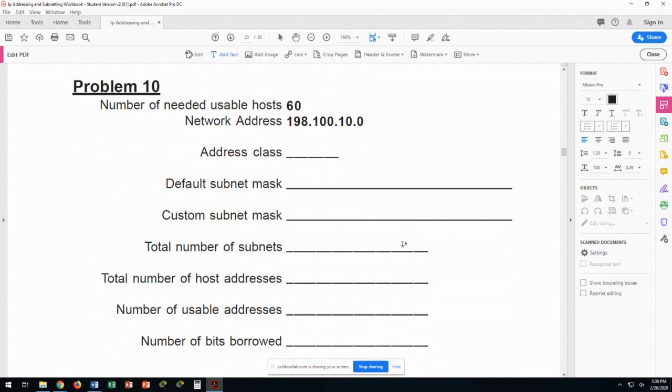So we don't know how many networks we have, but we only need 60. We want to maximize the number of networks. So here we've got to do it a little backwards. First, how many bits do we have to work with? What class is this? It's a class C. So how many bits do we have? 8, so we only have 8 bits. So how many bits do we need to get 60?